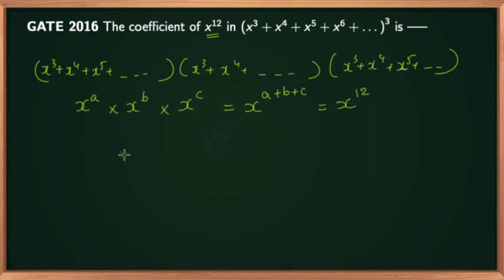Now I need to find out how many combinations can I get with a plus b plus c equal to 12. Now a has to be greater than or equal to 3, b has to be greater than or equal to 3 and c has to be greater than or equal to 3. So that is an additional condition. When you have that condition, we have already done such problems.